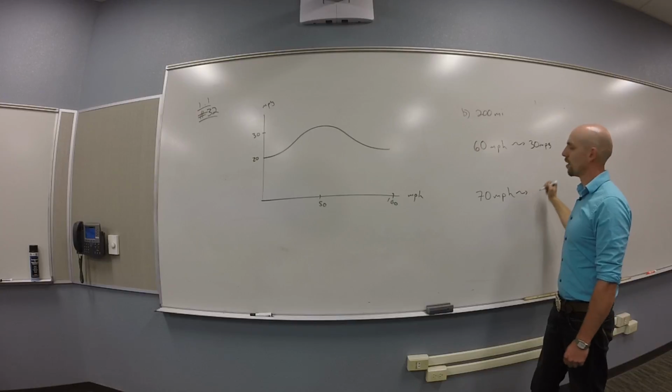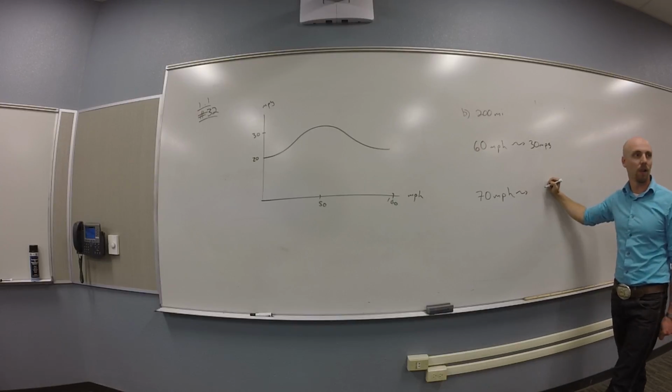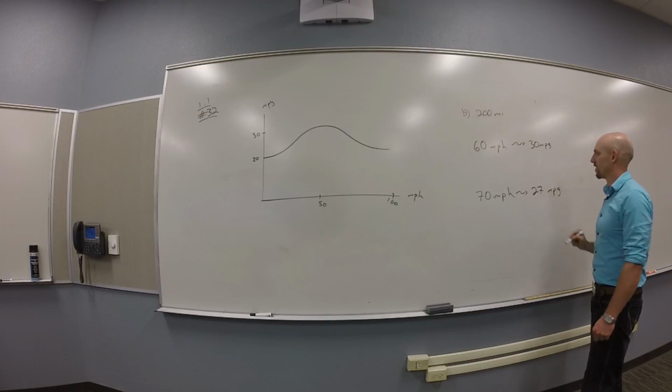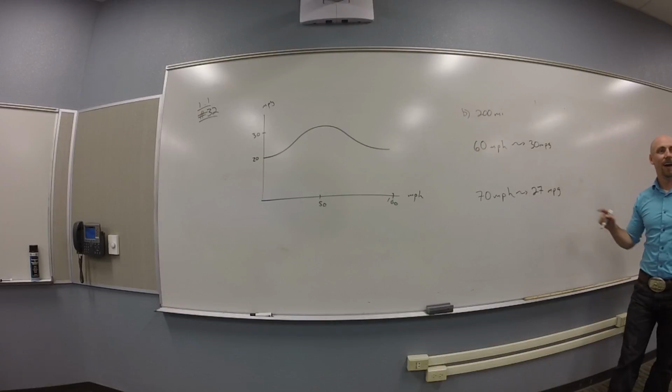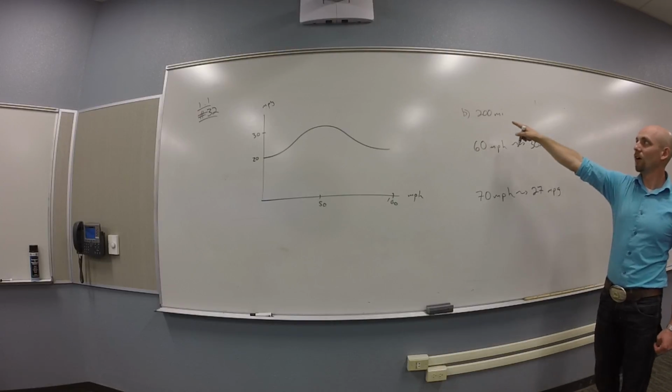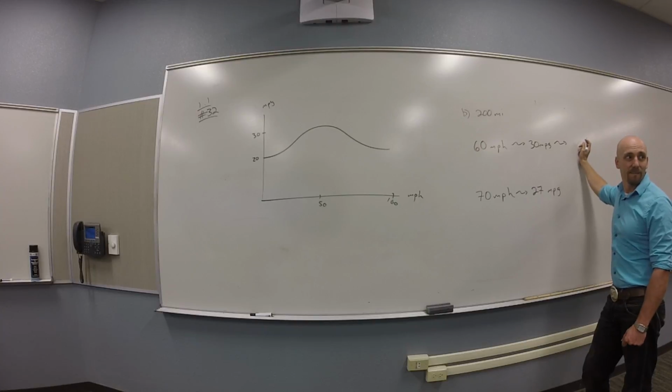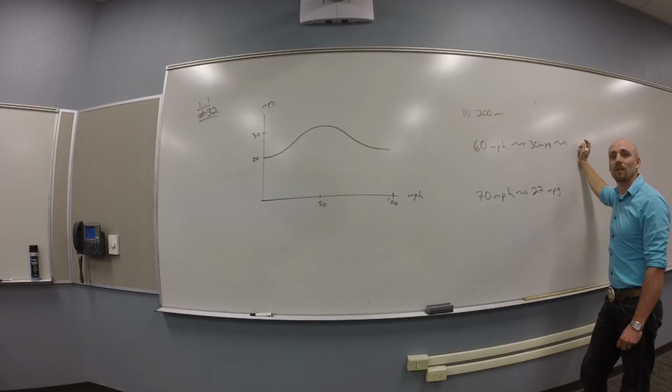And 70 miles per hour is going to correspond to what? 27, 28. Close enough. And now 30 miles per gallon over 200 miles makes what?